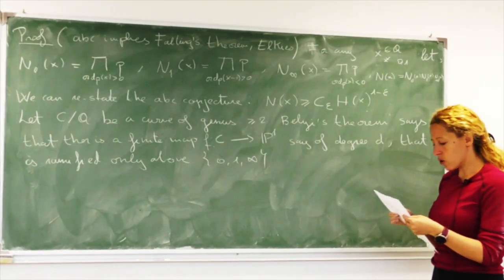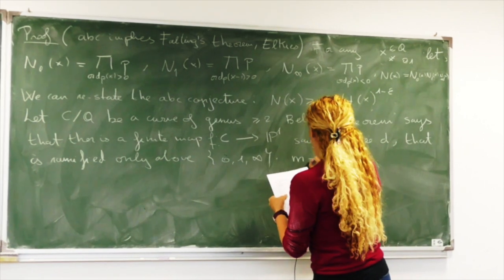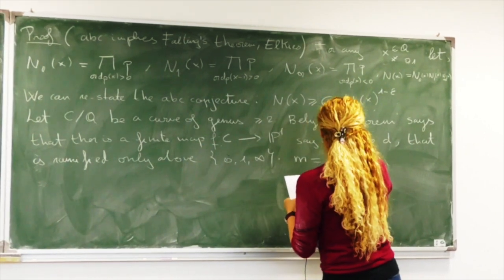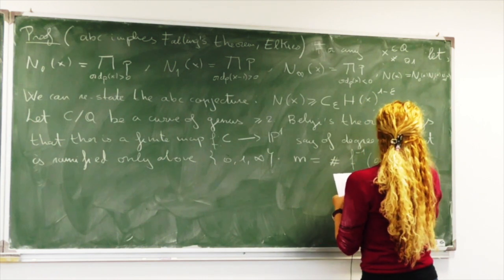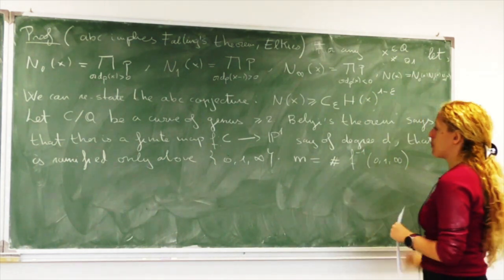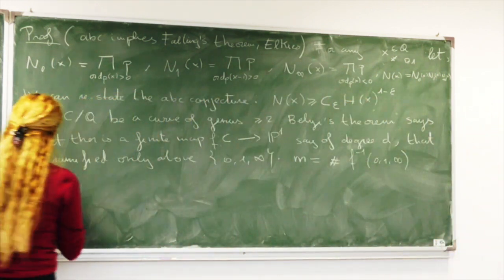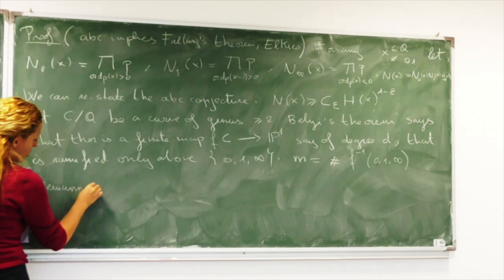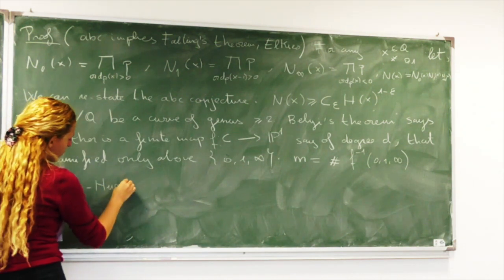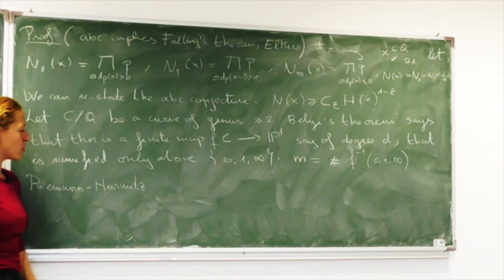Okay? So let me call m equal to the number of preimages of 0, 1, and infinity by this map. Now I can use the Riemann-Hurwitz theorem for this morphism.